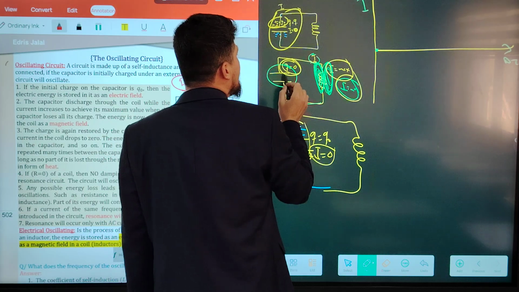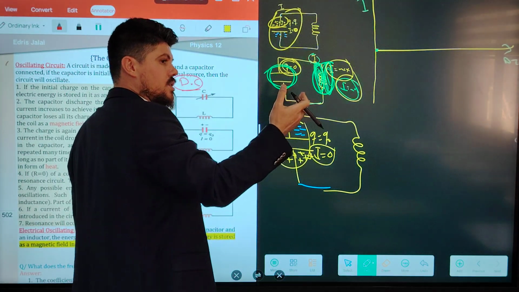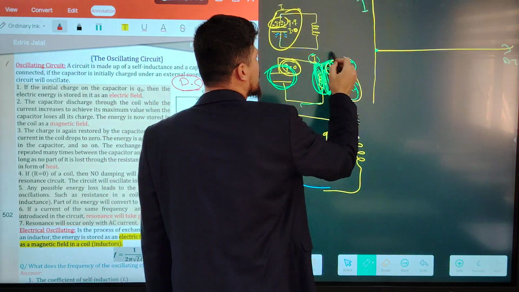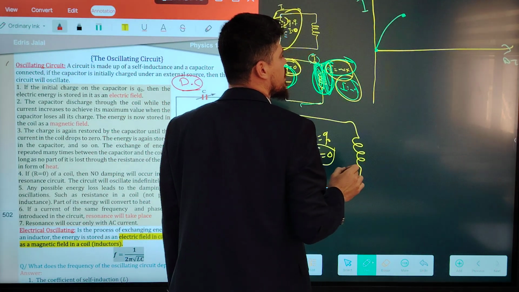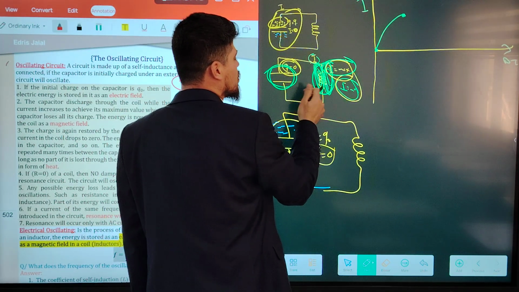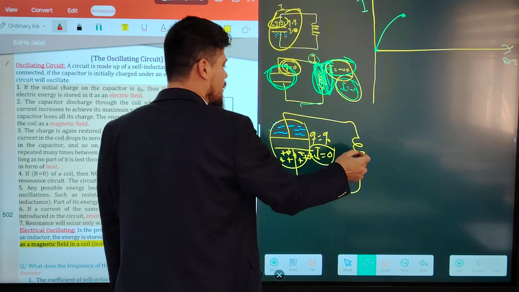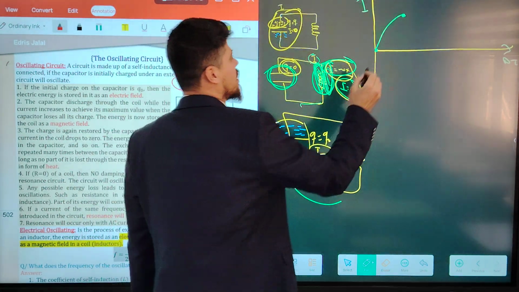Okay, when the capacitor becomes discharged, current reaches what? Current reaches maximum in the inductance. Okay, after that, the induced current that opposes the source of the current induces the current, and it goes to the capacitor, and the capacitor again becomes charged.